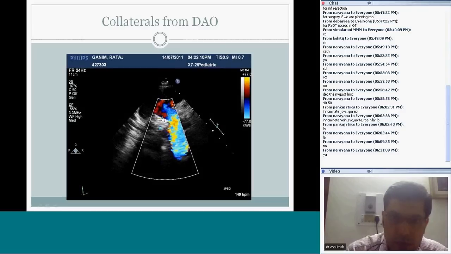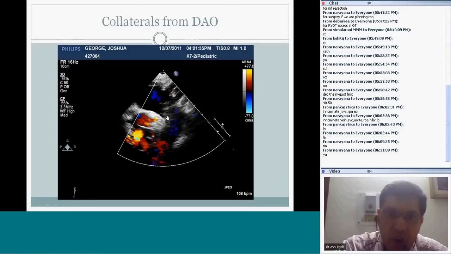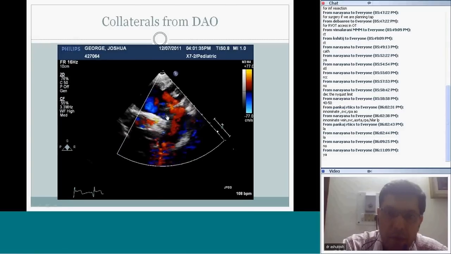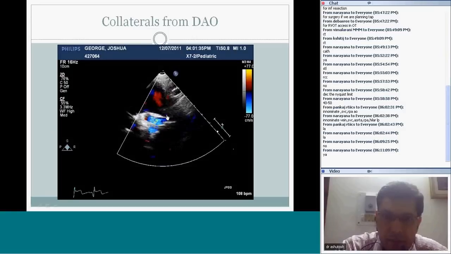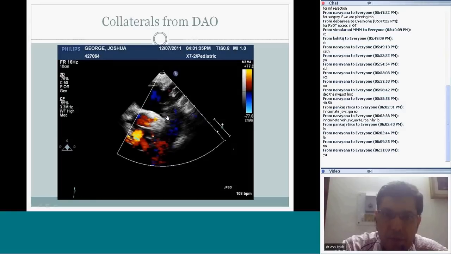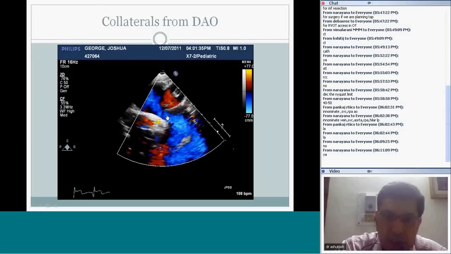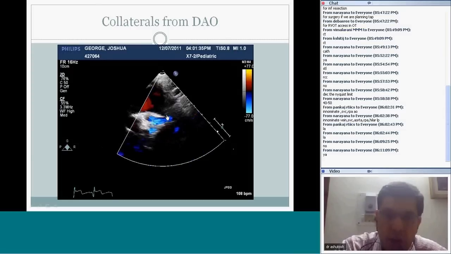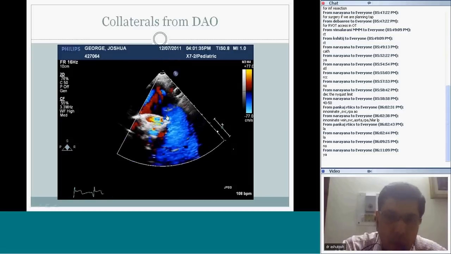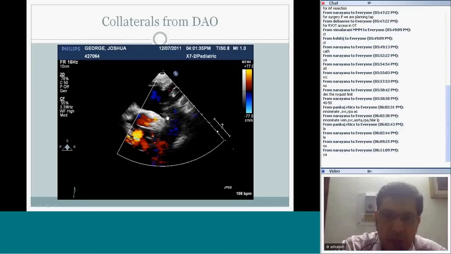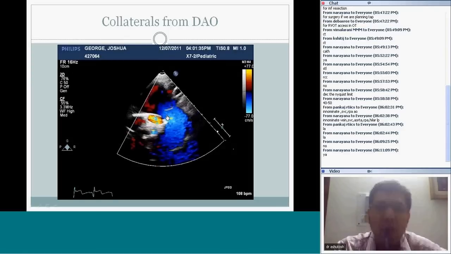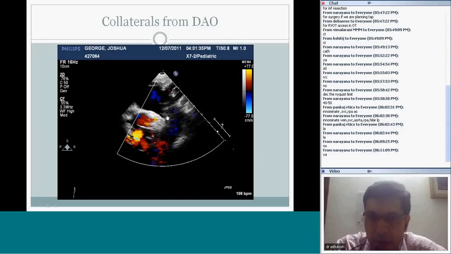Small collaterals from the descending aorta, and this is a large non-restricted collateral. One of the patients, a huge collateral carrying large amounts of pulmonary blood flow.